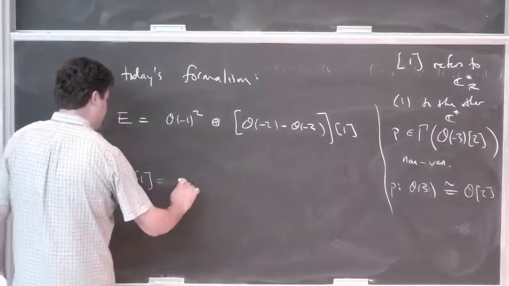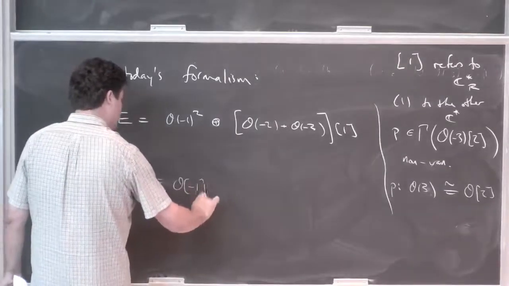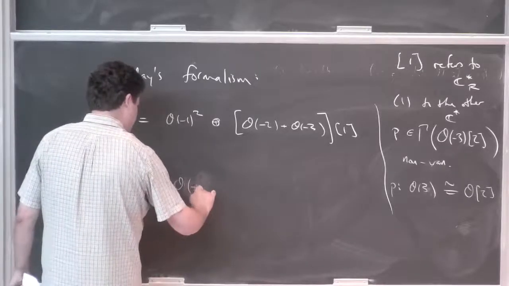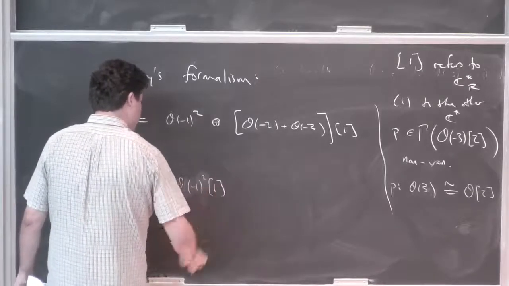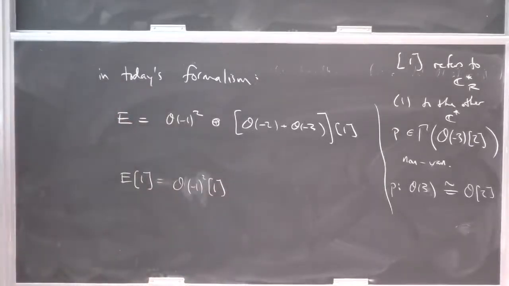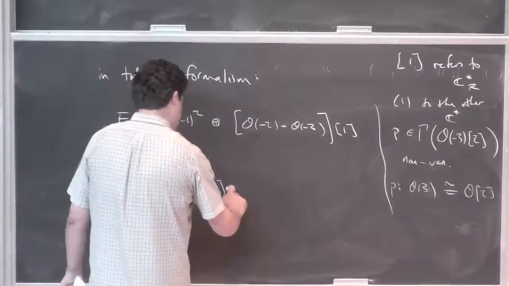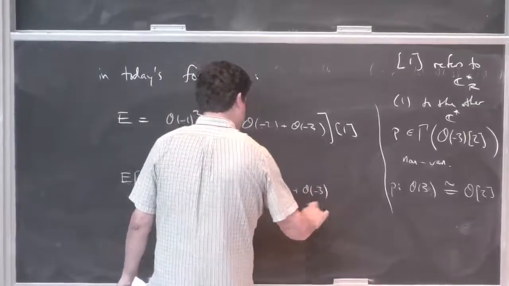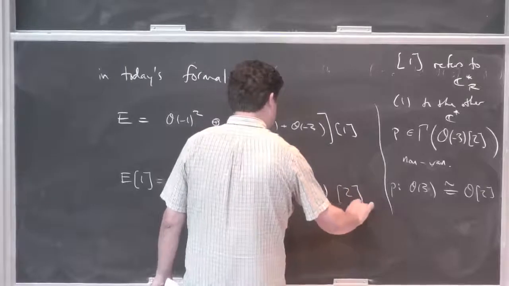So E of 1 is O(-1) squared, or O, plus O(-2) plus O(-3) shifted by 2.